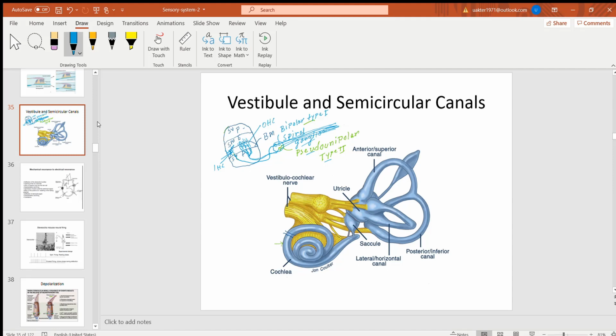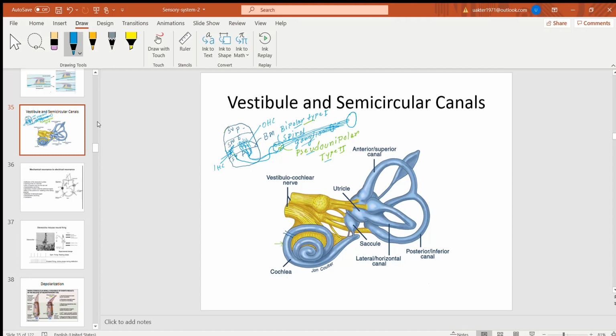Make sense? So the sound signal is mostly carried by the bipolar type 1 cells to the cochlear nucleus in the brain.